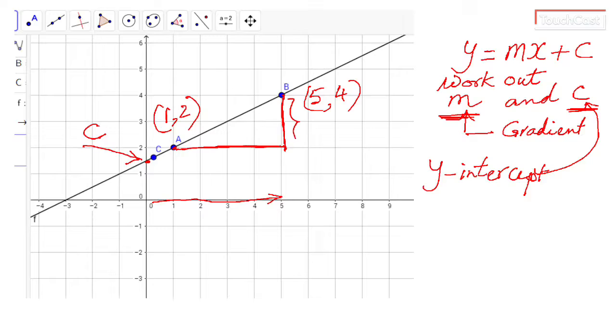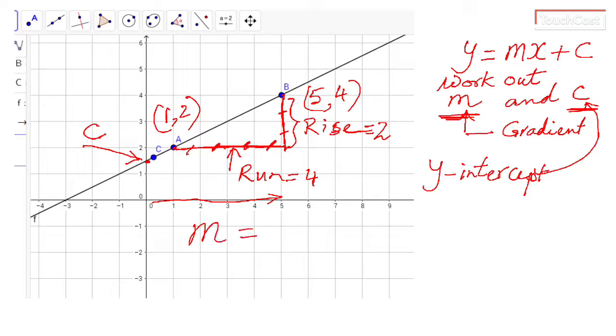This is the rise, and this one is the run. So anyone should be able to find out this 1, 2, 3, 4 is the run, and the rise is 1, 2, so that gives you 2.